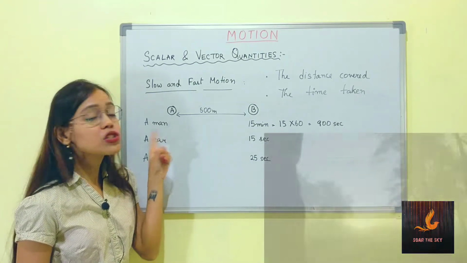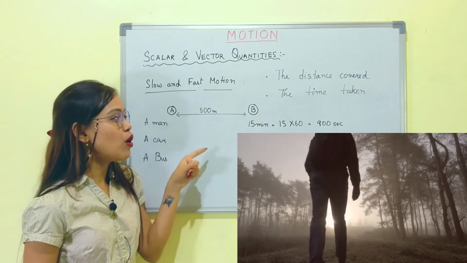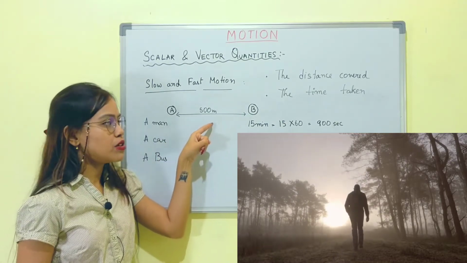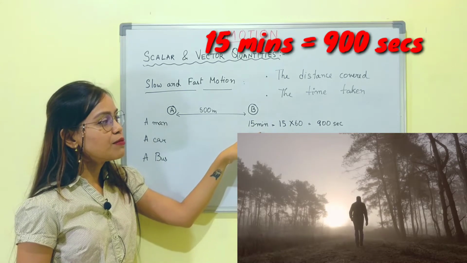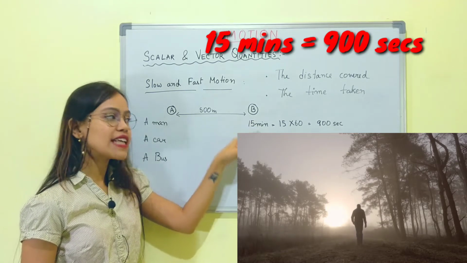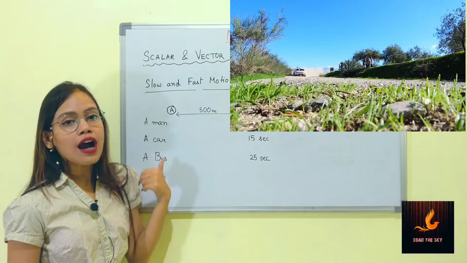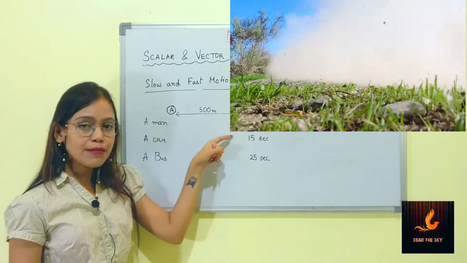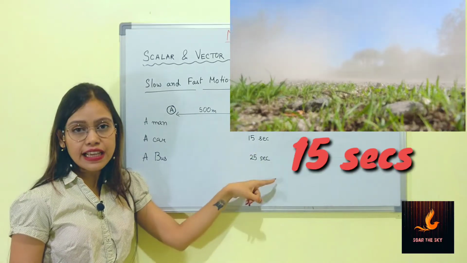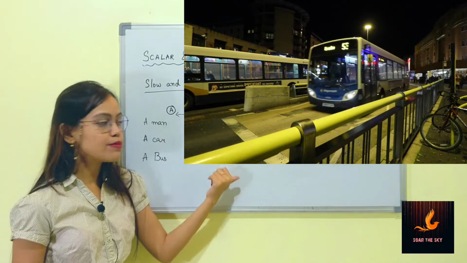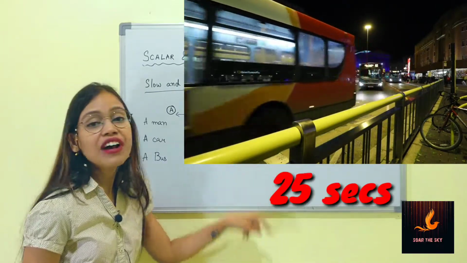Let's see how much time a man takes by walking to cover this distance of 500 meters. He takes 15 minutes, and if we convert it into seconds, it is 900 seconds. Next, a car covers the same distance in 15 seconds. And next, a bus covers again the same distance in 25 seconds.